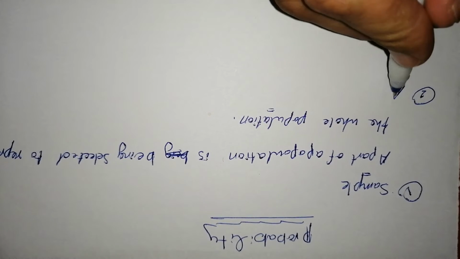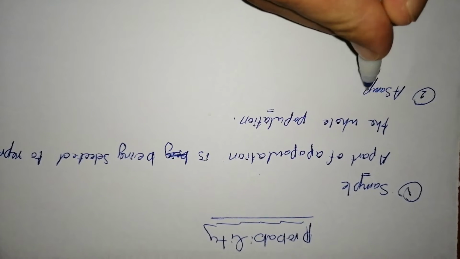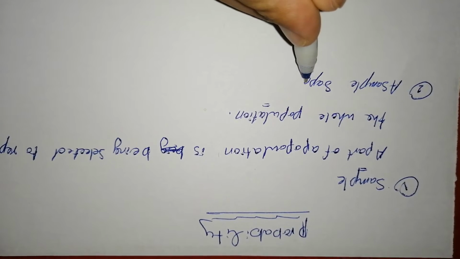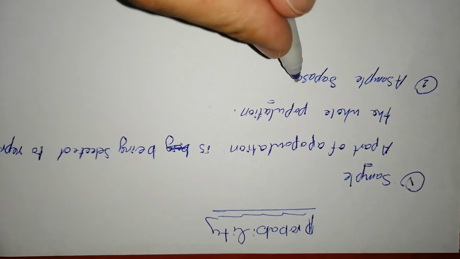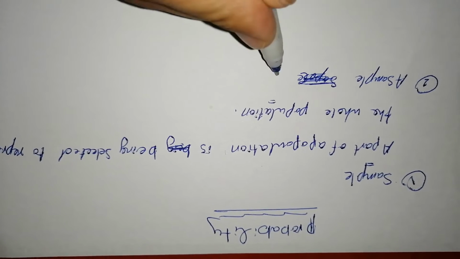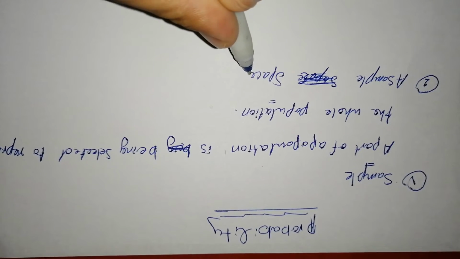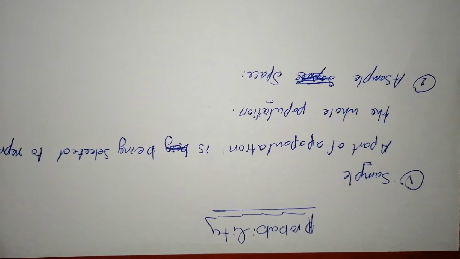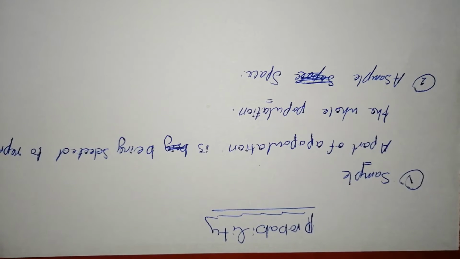Number two, a sample space. A sample space is a set of all outcomes of a random experiment. Let's see, for example, if we have a coin and we throw this coin one time.